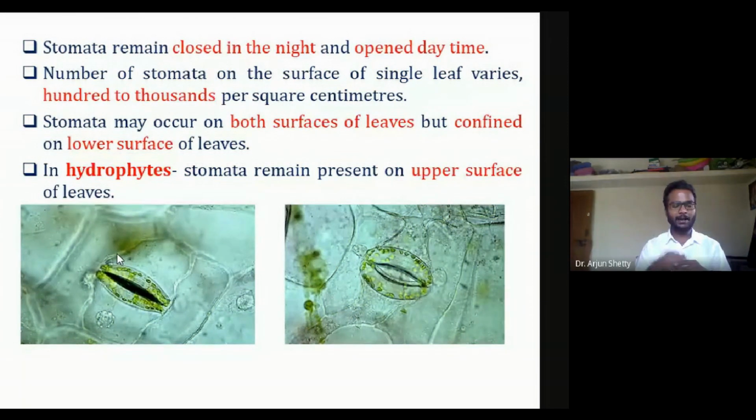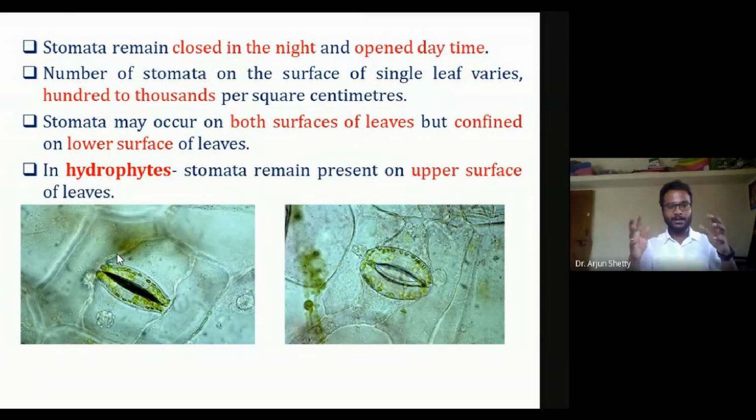During the night, in the absence of light, they remain closed. One more important feature is that during scarcity of water, or during drought stress conditions, the stomata also remain closed.